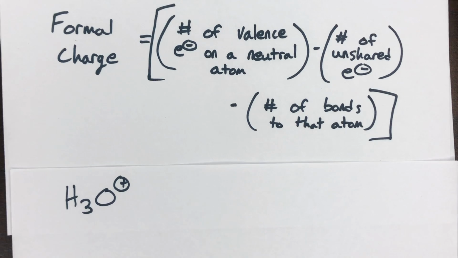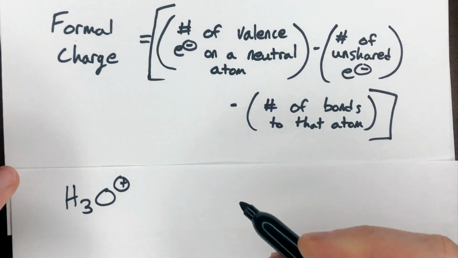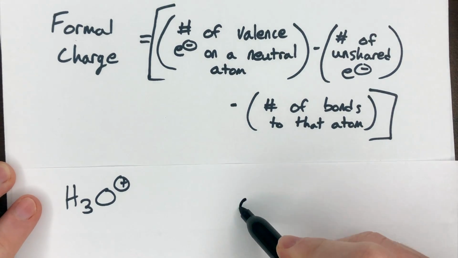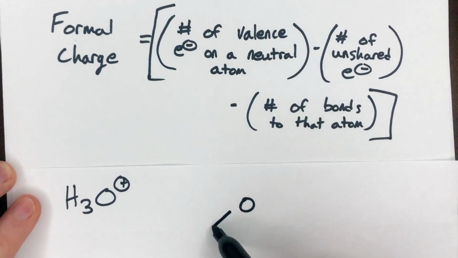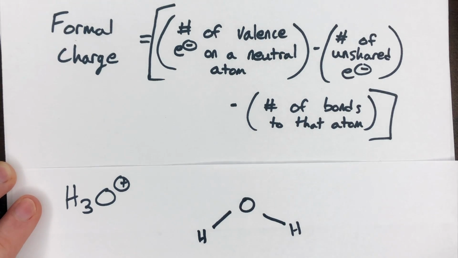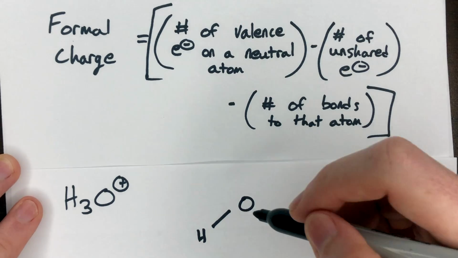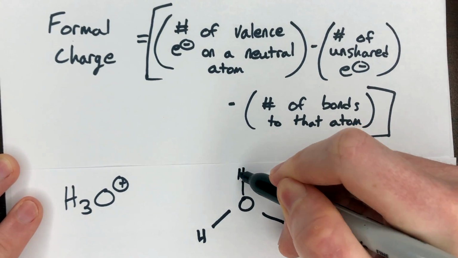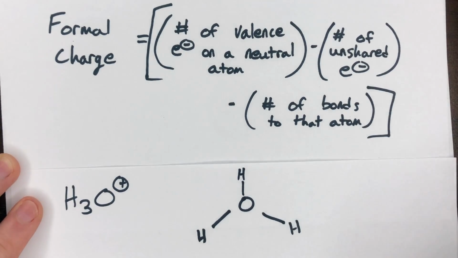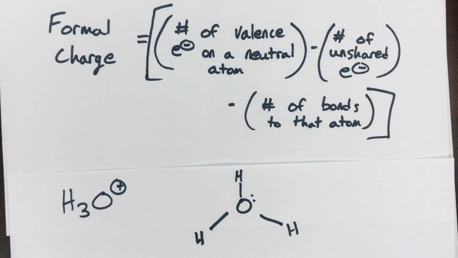We first have to draw the structure for this molecule. We have our oxygen as the center, and if we were to just draw something that looked like water, we would get this. But then we have an additional proton, an additional hydrogen bound at the oxygen, so we get this molecule, and then we have a lone pair on the oxygen to give it an octet.